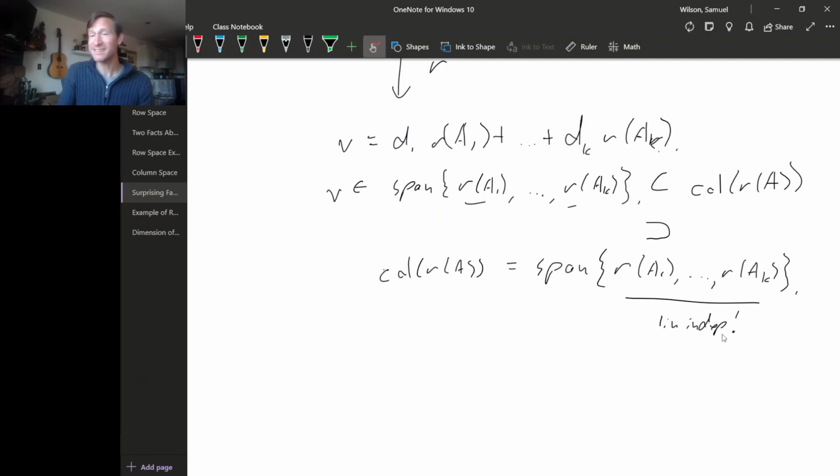So they're a spanning set, right? So we have a linearly independent spanning set for the column space. So these form a basis. So the dimension of the column space after the row operation is k.